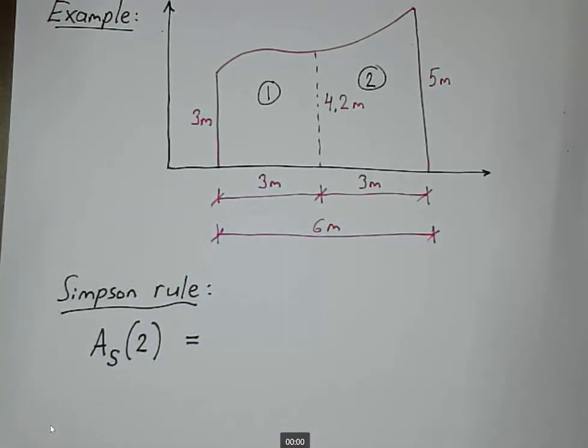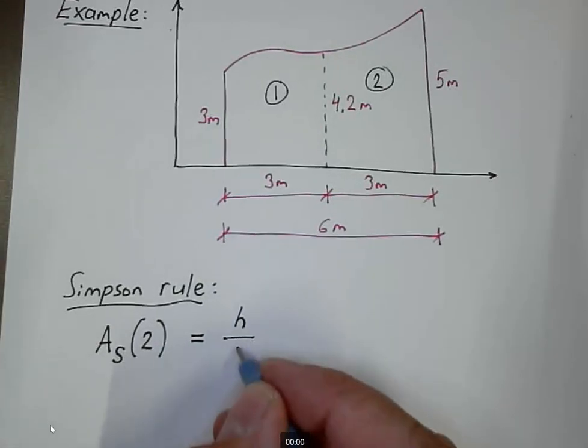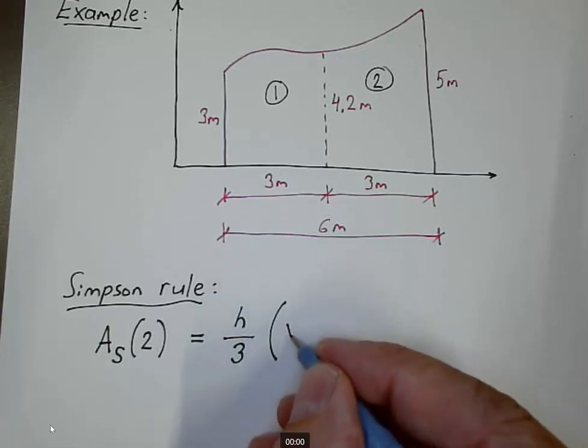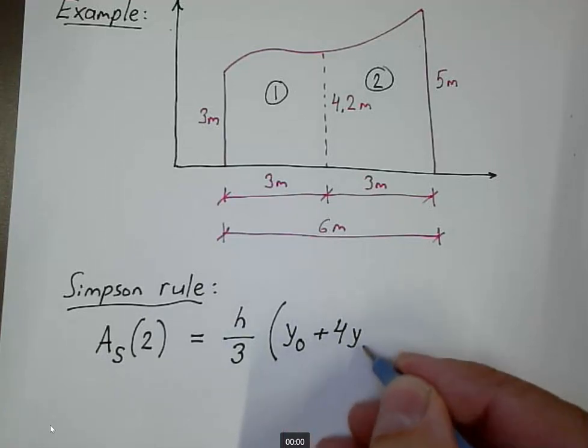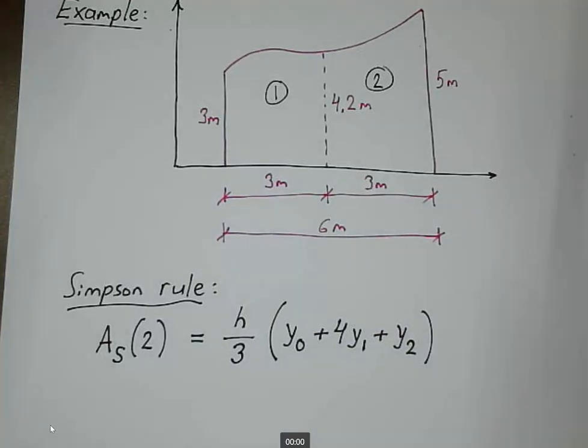And the formula is, I will write it like here, h divided by 3 times (y0 plus 4y1 plus y2). This is a very easy formula for the approximate area of this figure.